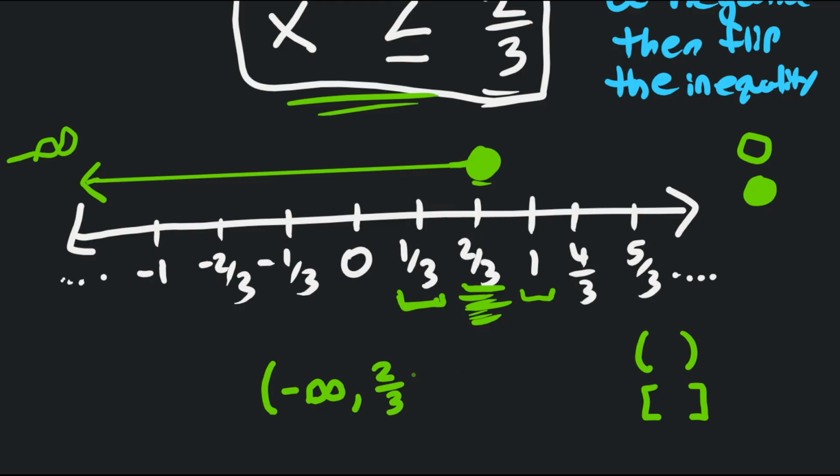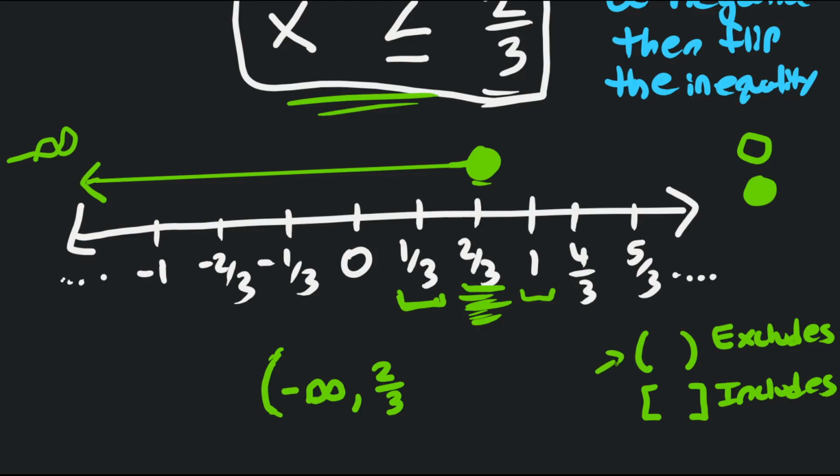Now, whenever you're dealing with infinity, you're always going to use a parenthesis. The difference between a parenthesis and a bracket is the parenthesis excludes the number you're talking about, and the bracket includes the number that you're mentioning.